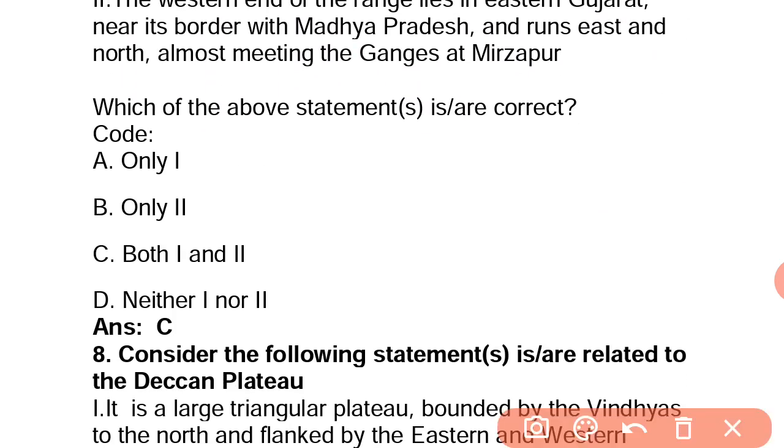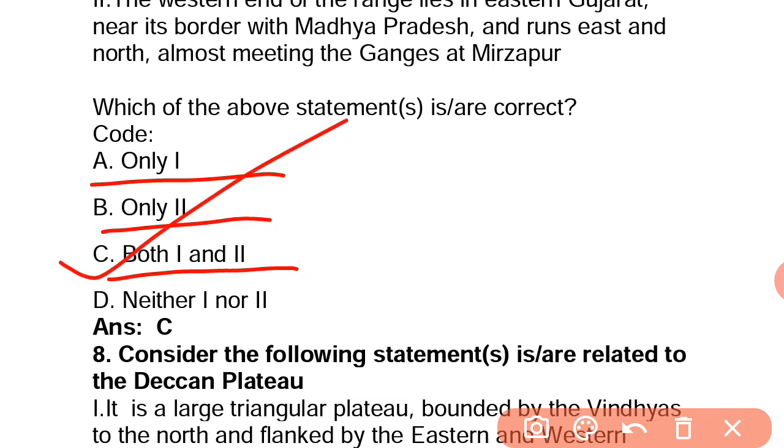Which of the above statements is or are correct? Code. Option A, only I. Option B, only II. Option C, both I and II. Option D, neither I nor II. Right answer is option C, both I and II.